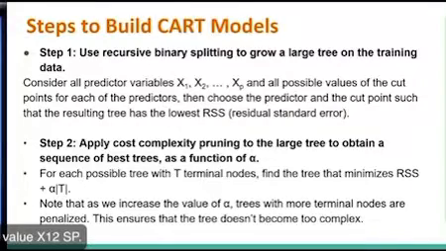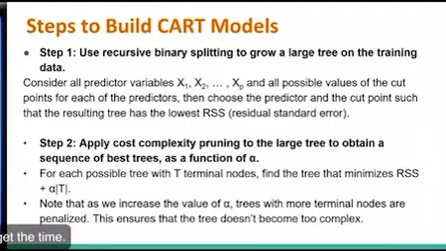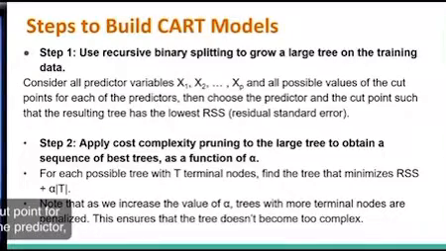Consider all predictor values X1 to Xp, and there are going to be possible values of a cut point. Don't forget the other time, a cut point was less than, greater than something, right? Okay, a cut point for each of the predictors. For each predictor, they will not only have one cut point, they will have a lot of cut points.